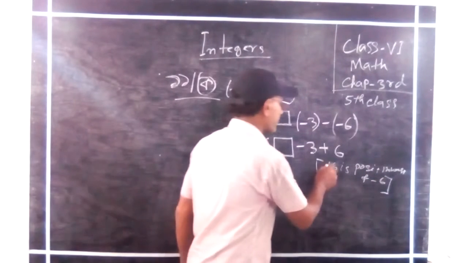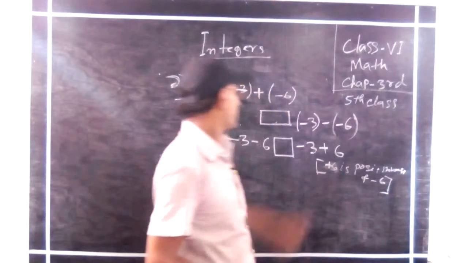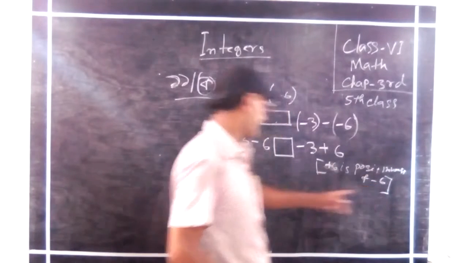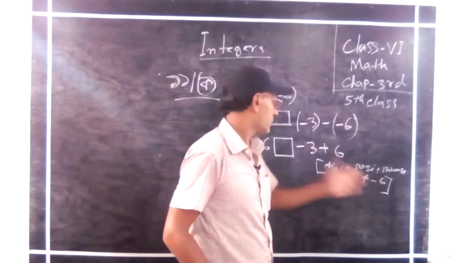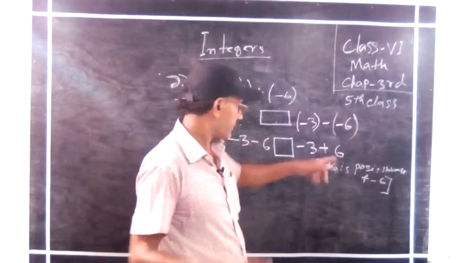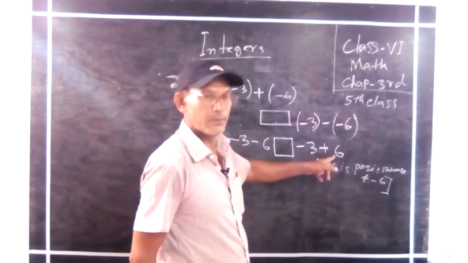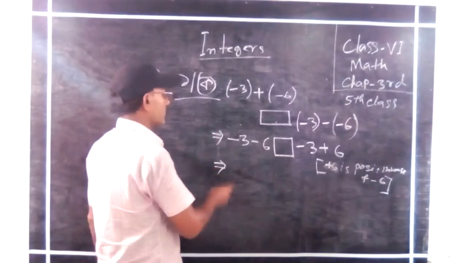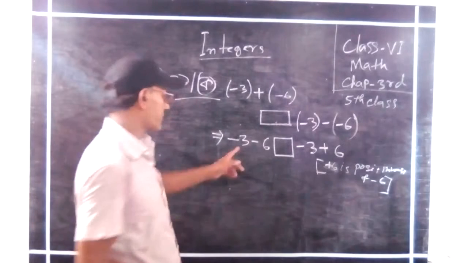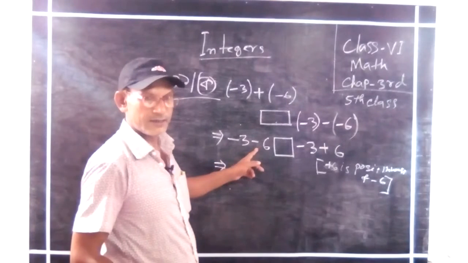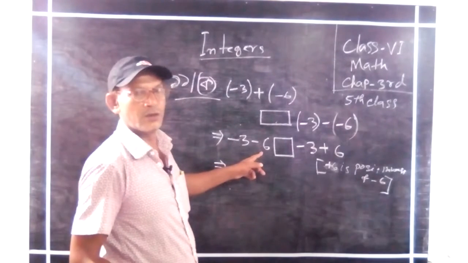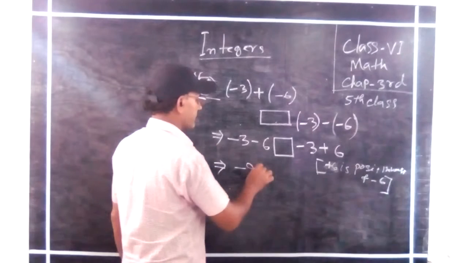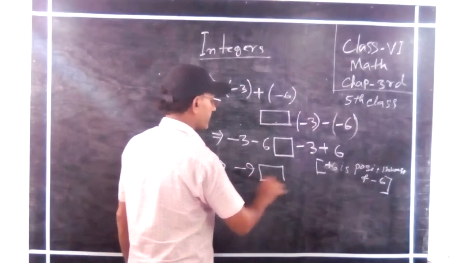So we will write here plus 6, or minus 3 minus 6. We will write here minus 9, and the empty cell.